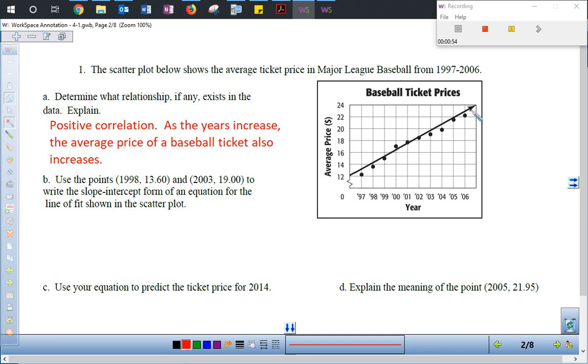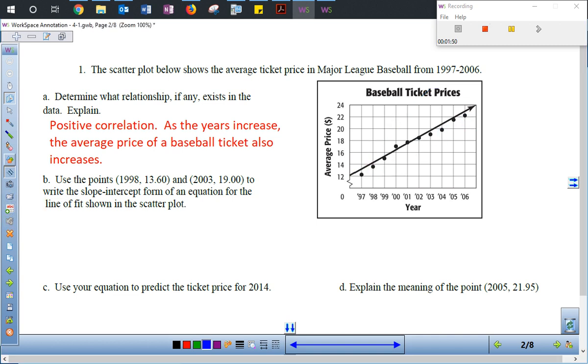Notice this line does not go through every single point, because the points are not in a straight line, but it does have a nice general representation of the points. It's showing that it's going up, and it's going up in a certain pattern. For example, if I were to draw a line like this, yes, it would be going upwards, but it would not represent the points very well because all of the points would be below it.